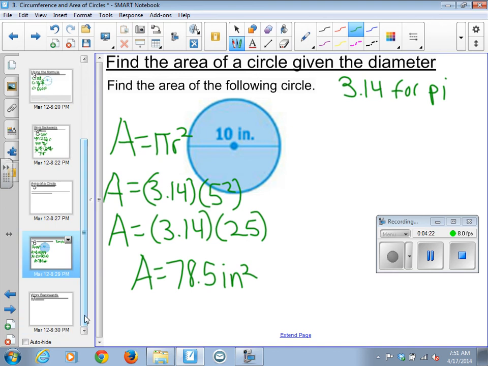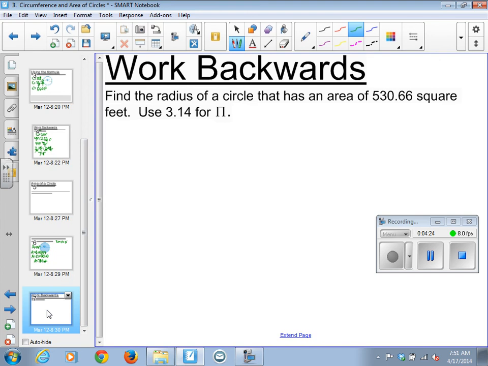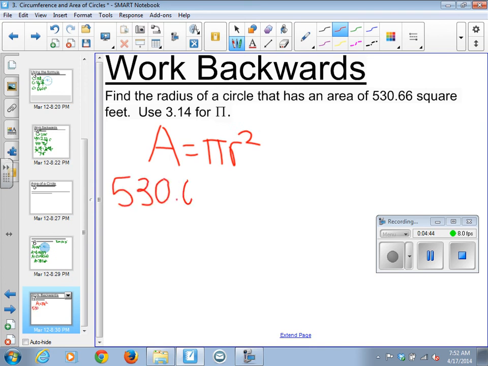Now, like the last one, we're going to work backwards for this kind of problem. We're going to find the radius of a circle with an area of 530.66 square feet. We use 3.14 for pi. So formula, again, plug in what we know. We know the area. We know what pi is.